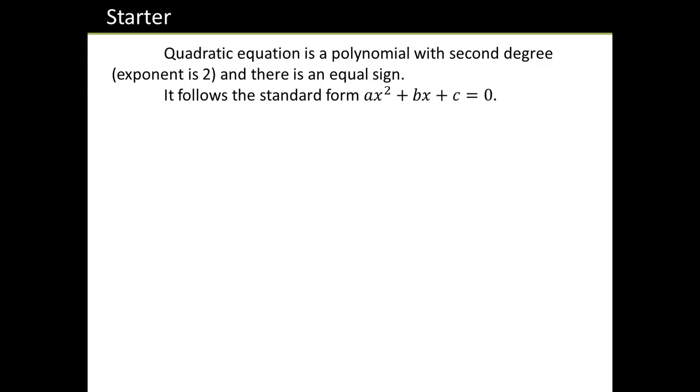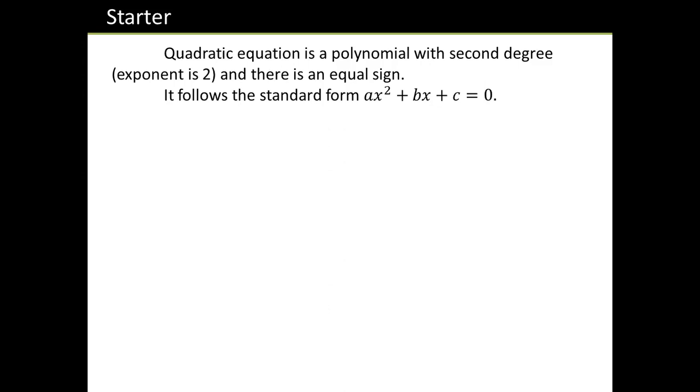Now take note that there should be an equal sign. When we say equation, it should have an equal sign, because if it doesn't have an equal sign, it is only an expression. Expression is made up of terms but incomplete because it doesn't have an equal sign.